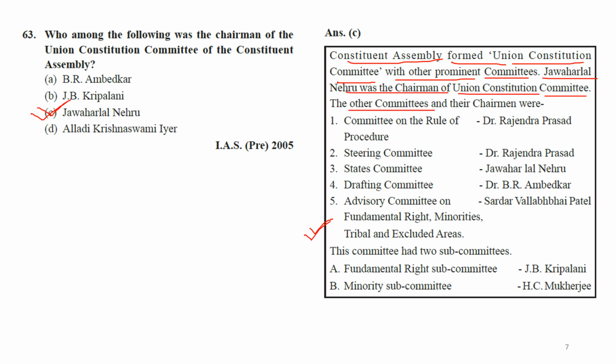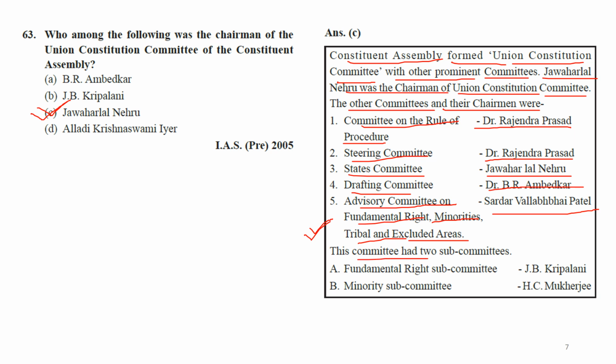The other committees and their chairmen were: Committee on Rules of Procedure, Dr. Rajendra Prasad; Steering Committee, Dr. Rajendra Prasad; States Committee, Jawaharlal Nehru; Drafting Committee, Dr. B.R. Ambedkar; Advisory Committee on Fundamental Rights, Minorities, Tribal and Excluded Areas, Sardar Vallabhbhai Patel.